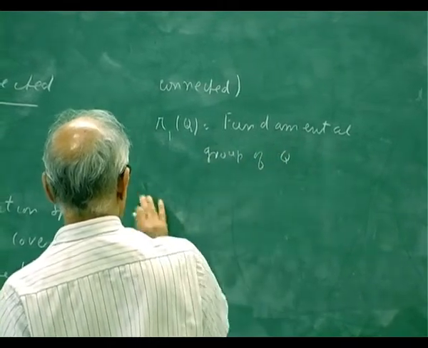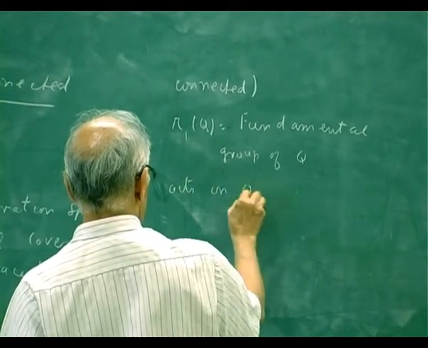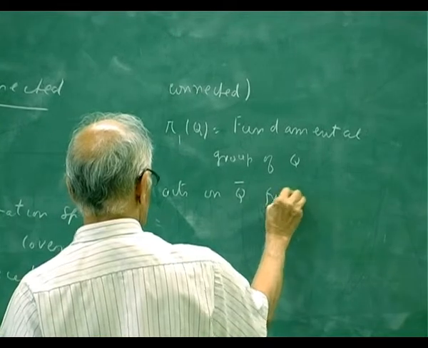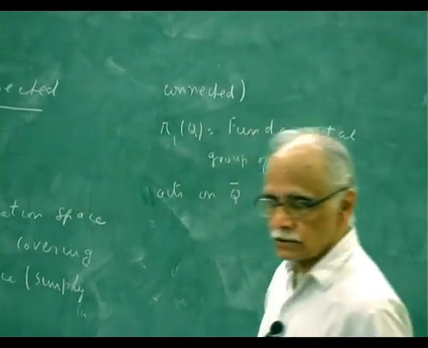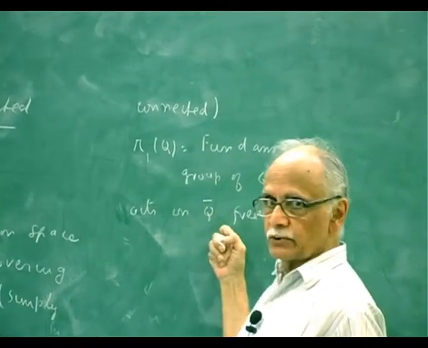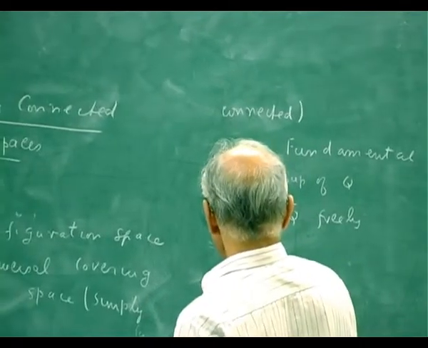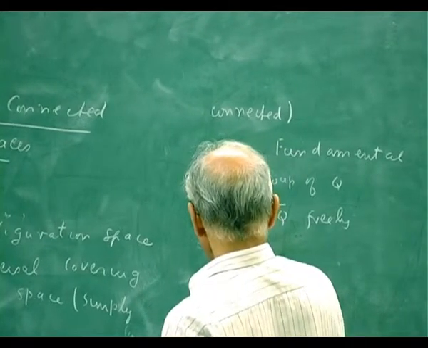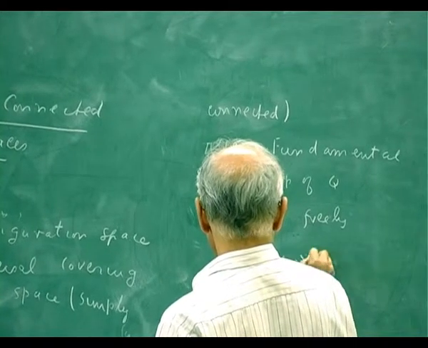This acts on Q bar, freely. Freely is just to fix that any element here has no fixed point. Okay? So, as said, this Q bar quotiented by pi_1 of Q is Q.